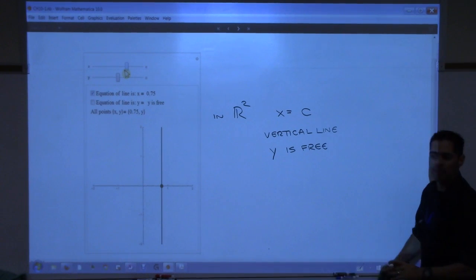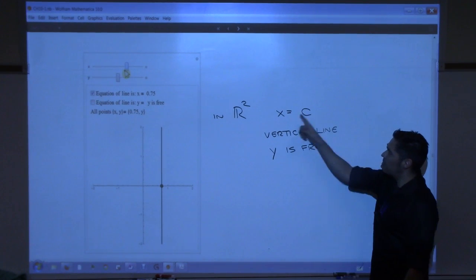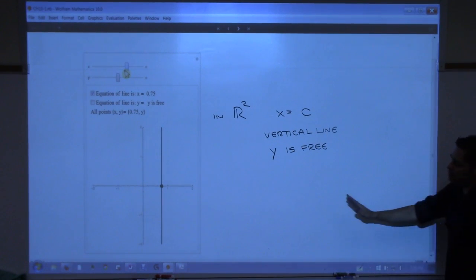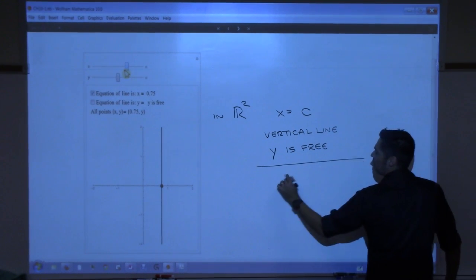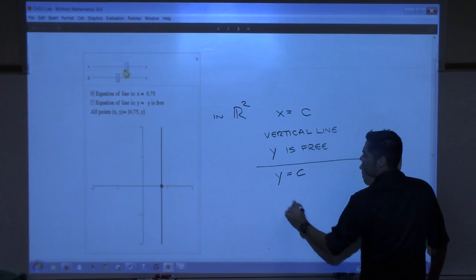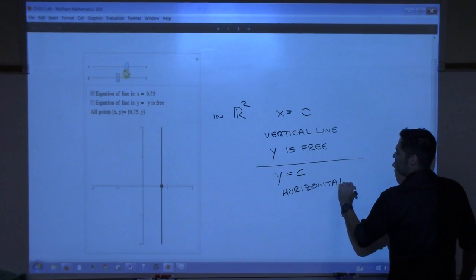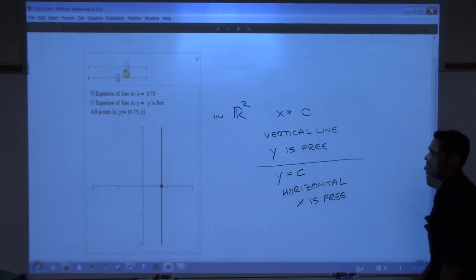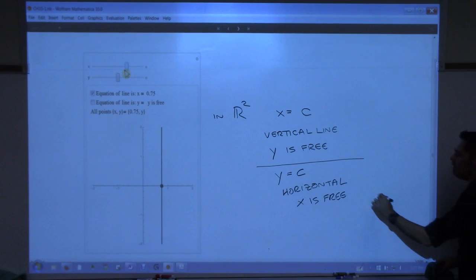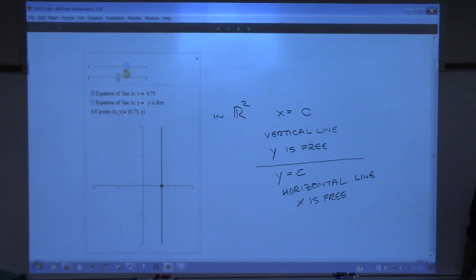Y is what we refer to as a free variable. So your x is fixed, but your y is free to be whatever you want, and that gives you your vertical line. If you have y equals a constant, this is horizontal, and this time x is free. That's what's happening in R2, a horizontal line. If there are no questions, I'll continue.